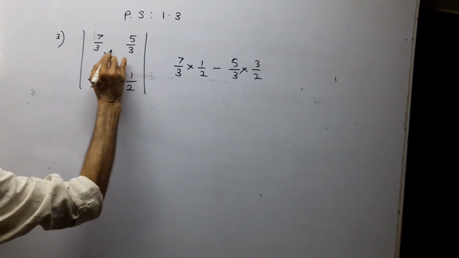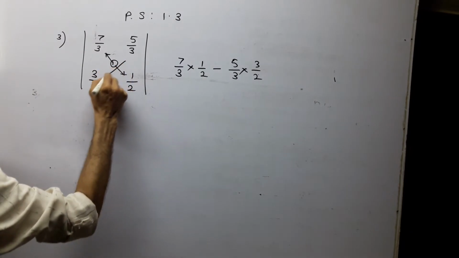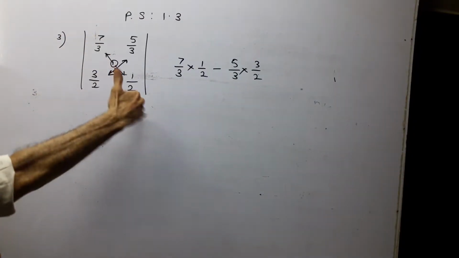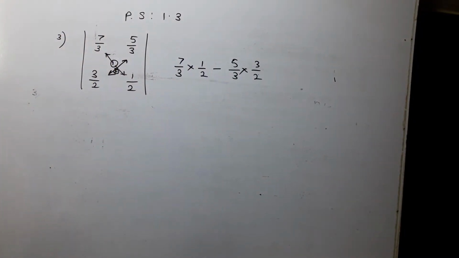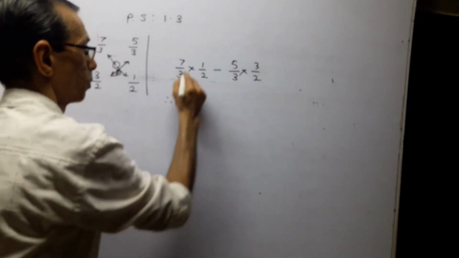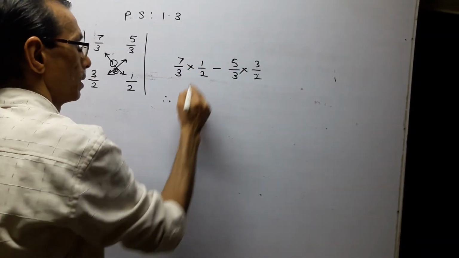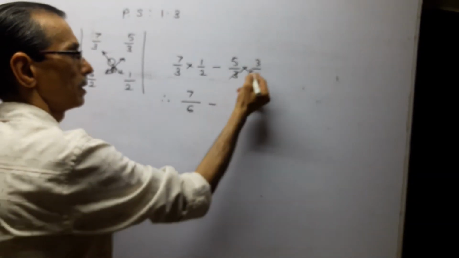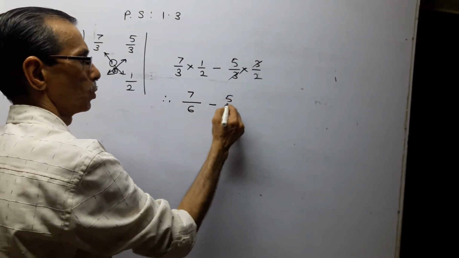So this is the first product this way and the second product this way. Always keep in mind the first product this way and the second this way. There is no change in the rule. Let's simplify now: 7 ones are 7, 3 twos are 6, minus, here 3 cancels, 5 upon 2.